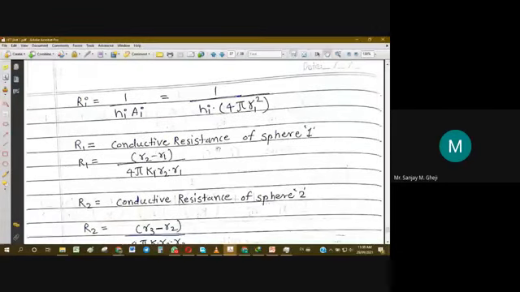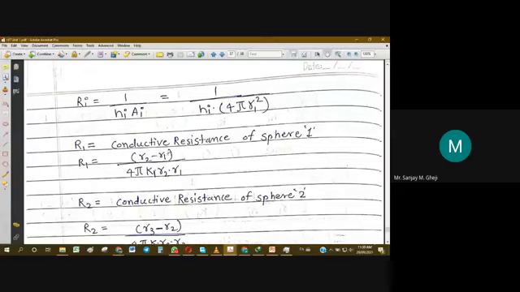Then conductive resistance of sphere. Again, we will apply the standard formula that we have already derived. Conductive resistance through hollow sphere is given by R equals Ro minus Ri divided by 4 pi k Ro into Ri. Here Ro and Ri are replaced by R2 and R1. So R1 equals R2 minus R1 divided by 4 pi k R2 into R1.